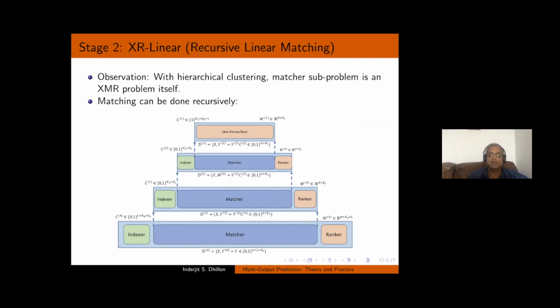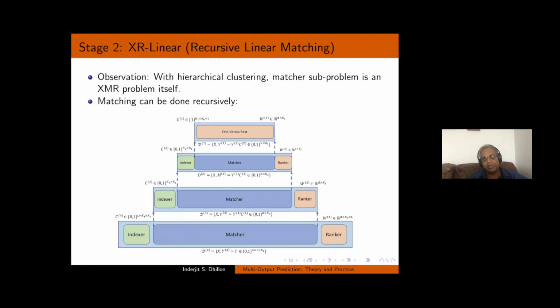So for example, if we do indexing using hierarchical clustering, then the matching problem is, given an input, instead of finding each individual label, you try to find a cluster of labels or cluster of outputs.